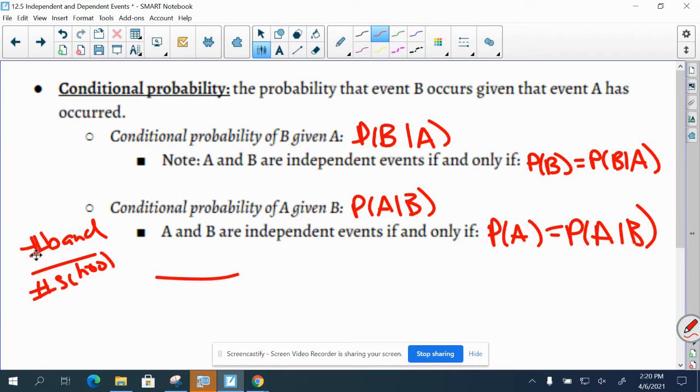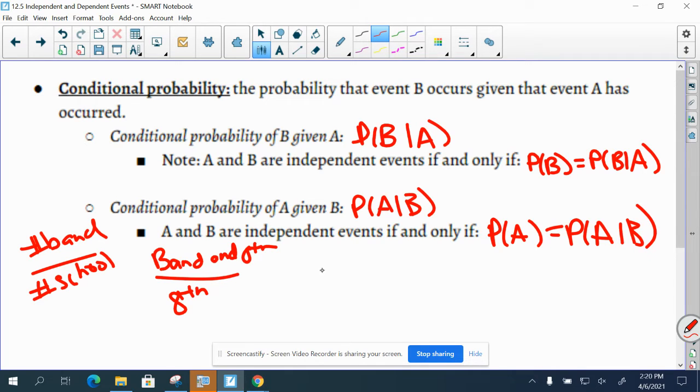Well, then you're not just taking the probability that they're in the band, you're taking the probability that they're in the band and 8th graders over only the total number of 8th graders. So this would be the probability that they're in the band given that they're in 8th grade. So you're only selecting out of those 8th graders, how many of those 8th graders are in band.